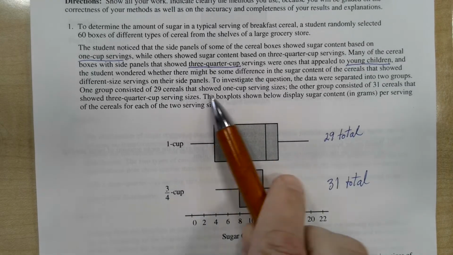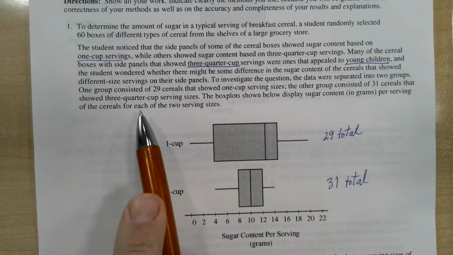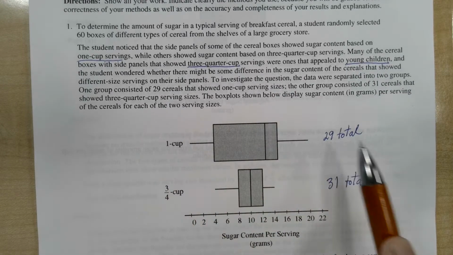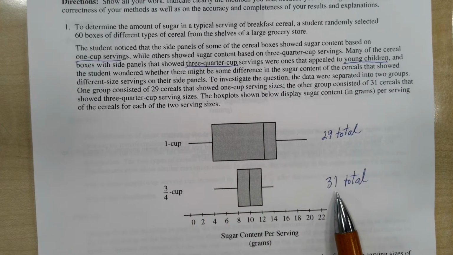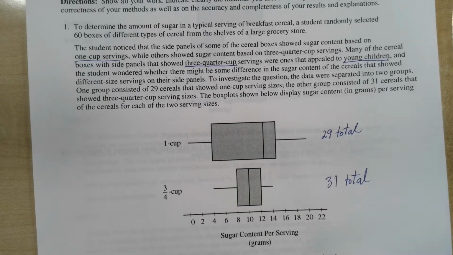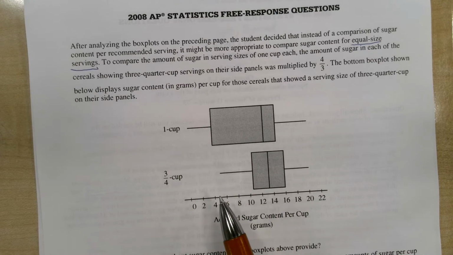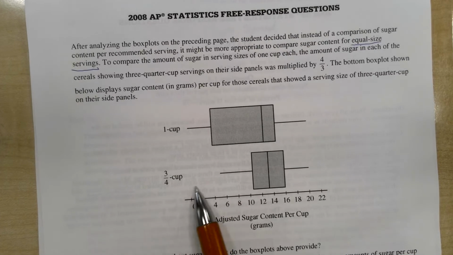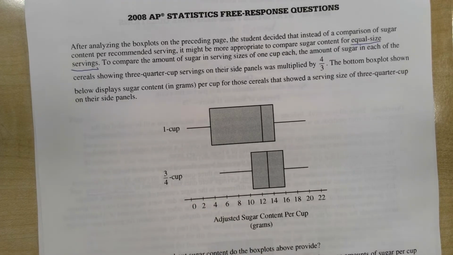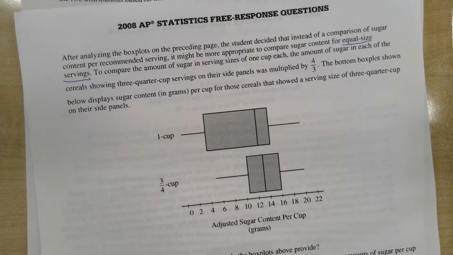When you keep reading through this, you're going to see that we got 29 cereals here for the 1 cup and 31 for the 3/4 cup. And you're going to see on the back that if you read through that question, you are going to compare these after you adjust the 3/4 into a full cup serving size. So that comes later.